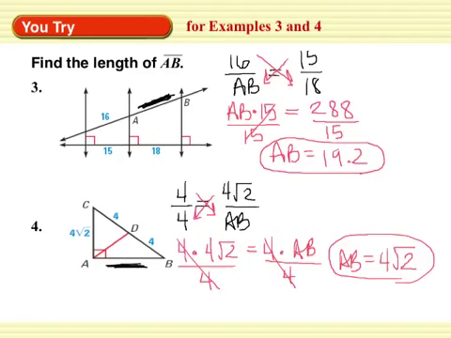AB equals 19.2. The second one, I did 4 over 4 equals 4 square roots of 2 over AB. I know that's going to confuse a lot of you, but just do the math. Multiply down. I get 4 times AB equals 4 times 4 square roots of 2. Divide both sides by 4. And I'm left with AB equals 4 square roots of 2.